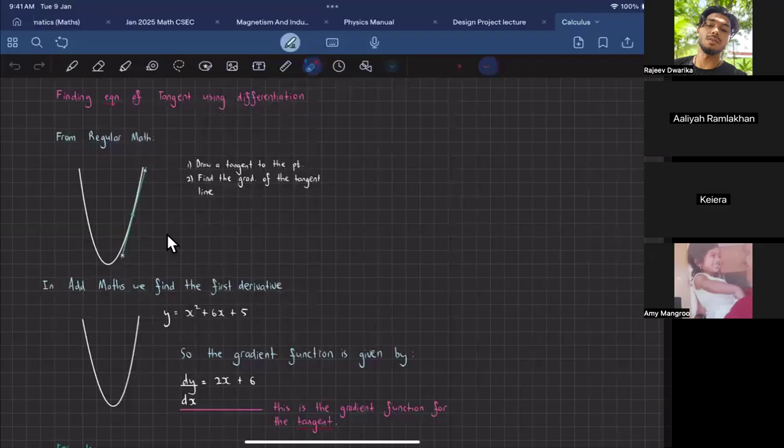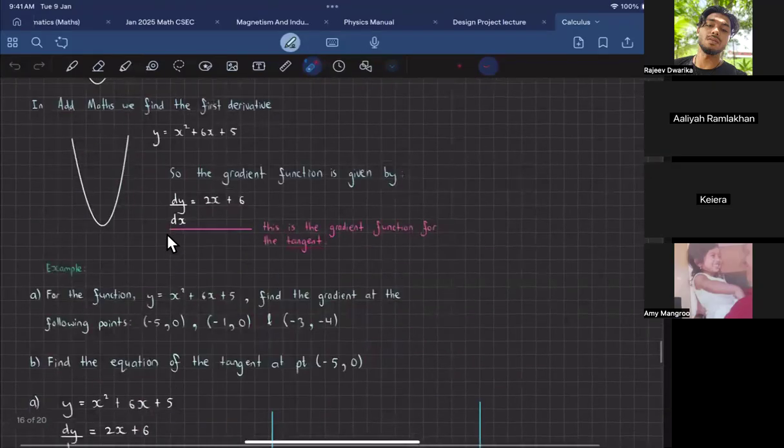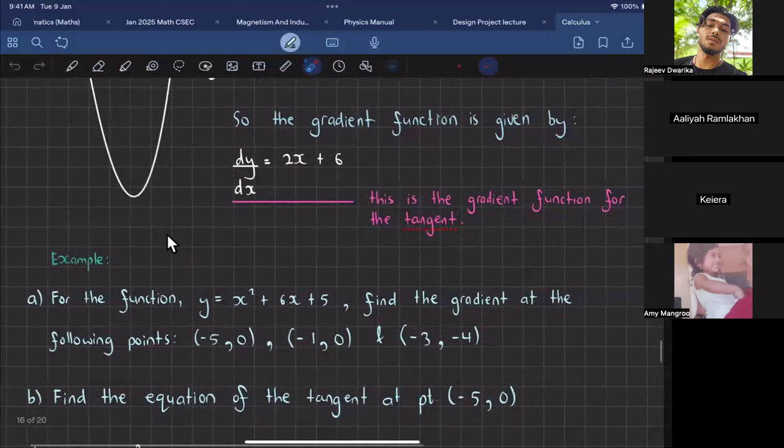Okay, cool. Kiara, are you finished as well? Yeah. Okay, cool. All right. That being said, I would like you all to try this example. Now, I don't expect all of you to know part B, but at least do part A. For the function y equals x squared plus 6x plus 5, find the gradient at the following points. So I'd like you all to try that quickly.